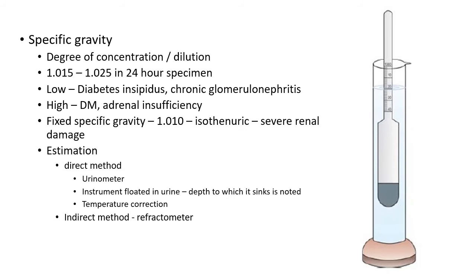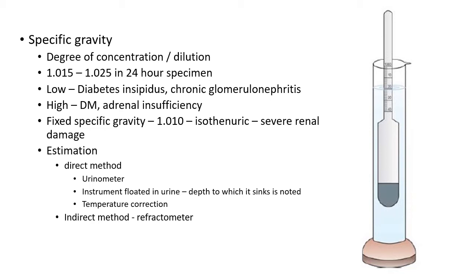Coming to the next characteristic, there is specific gravity. This denotes the degree of concentration or dilution of urine, that is, the relative proportion of dissolved solid components to the total volume of the specimen. The normal specific gravity is usually between 1.015 and 1.025 in a 24-hour specimen.